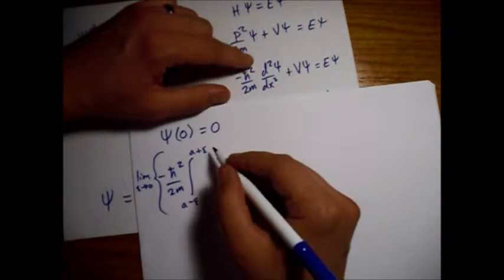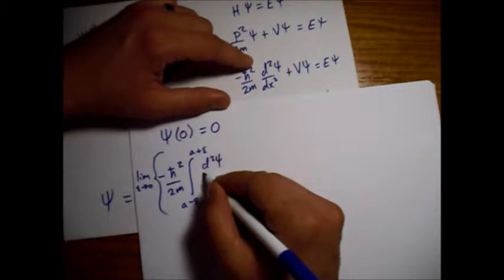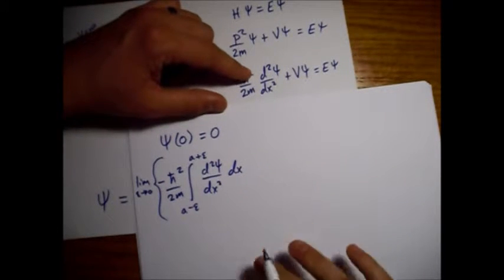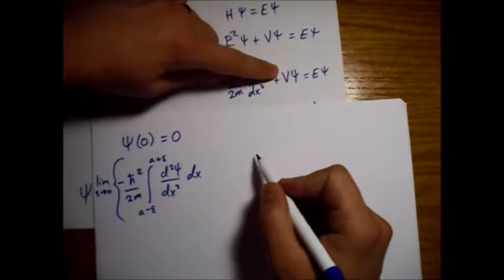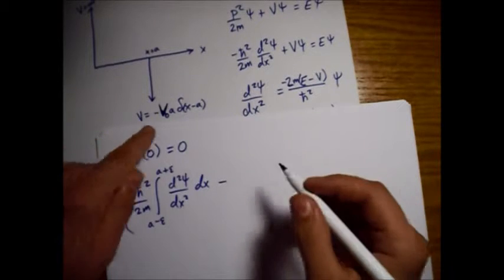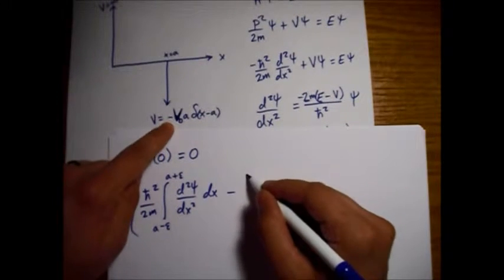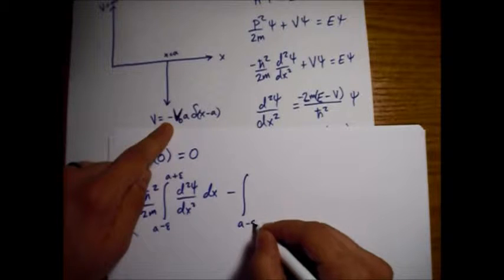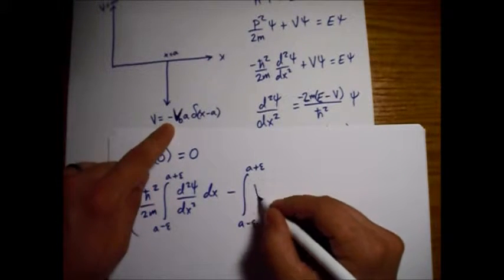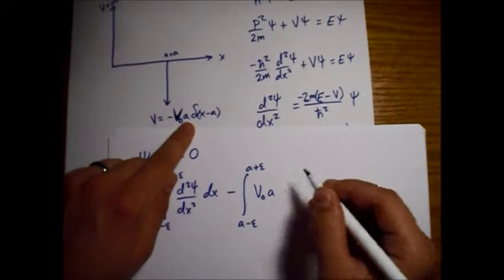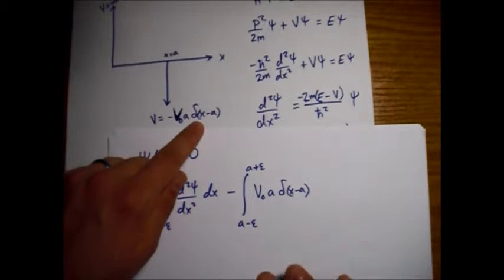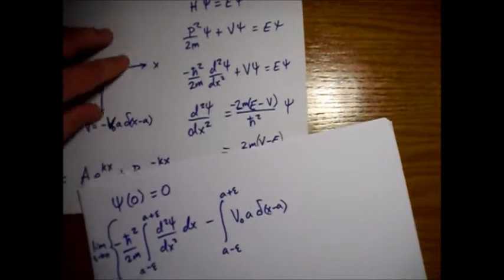The first part is this double derivative here. Then let's plug in our potential. We'll have a minus sign from right here, and we have V naught a delta function x minus a. So there's our potential.